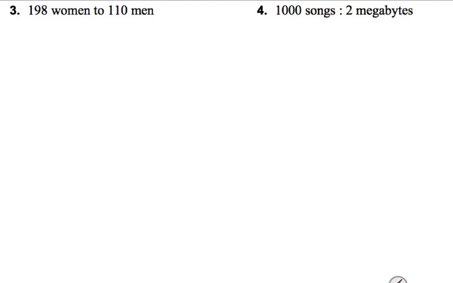Okay, 198 women to 110 men. So 198 to 110. Let's divide top and bottom here. Let's see what number definitely goes into those. Actually 11 does. So does 2. I think 22 goes into both of them then.